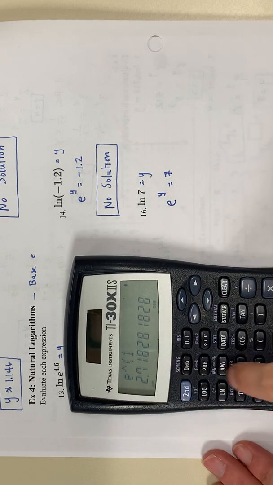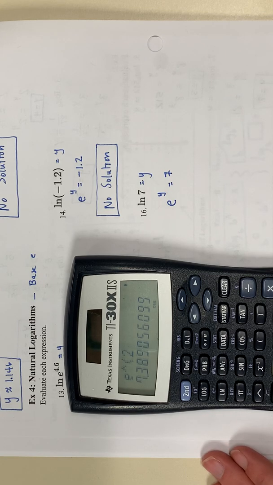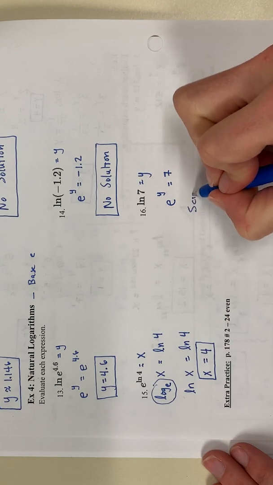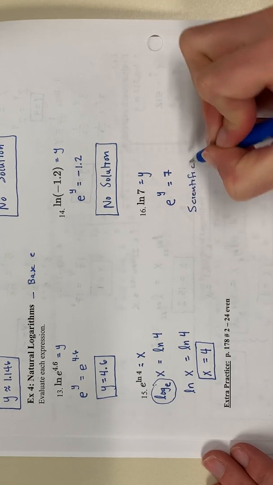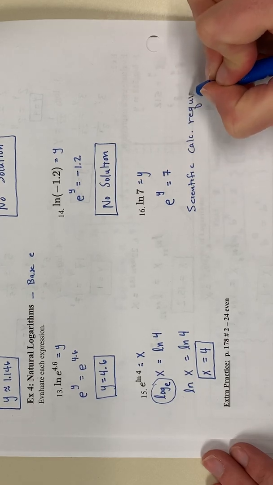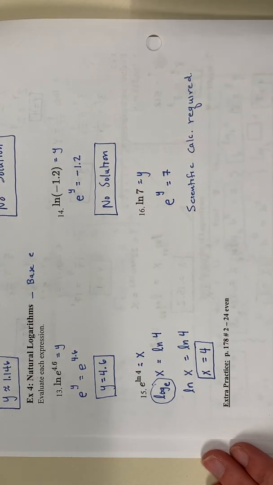If I take e to the second power, I get 7.389. So once again, I am not going to get a whole number for y. Therefore, a scientific calculator is required to complete this problem. A 4-function calculator cannot calculate this expression.